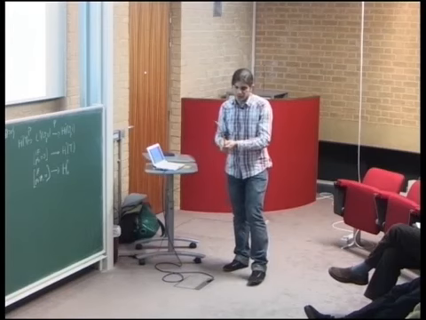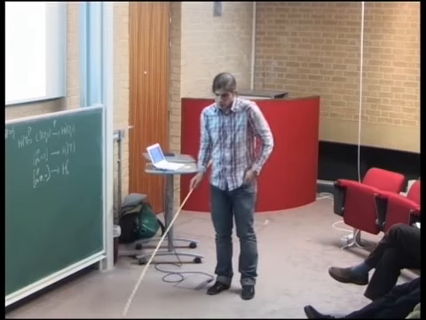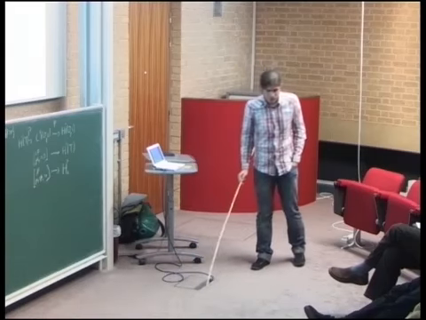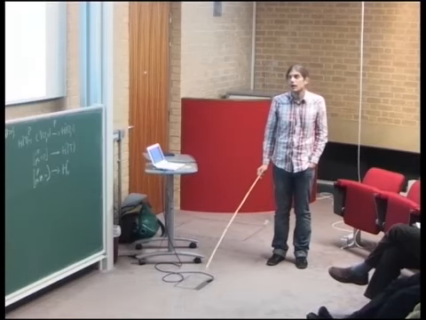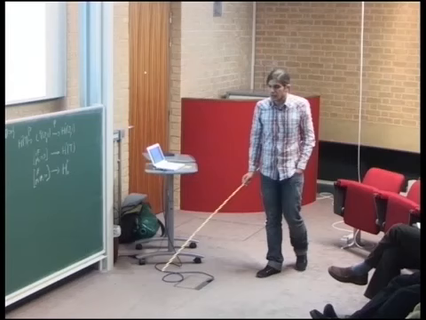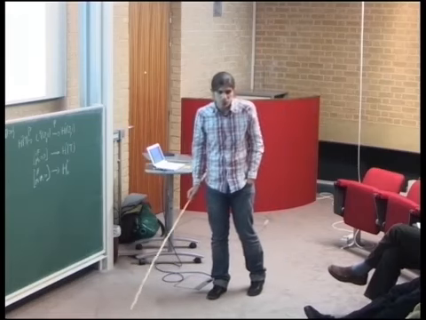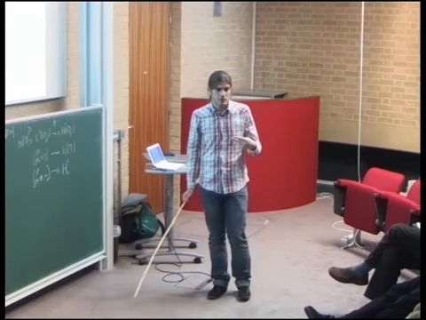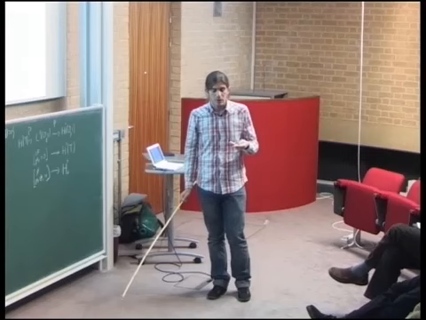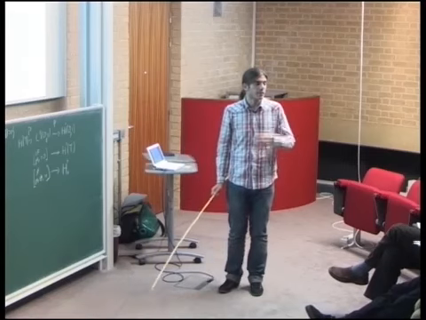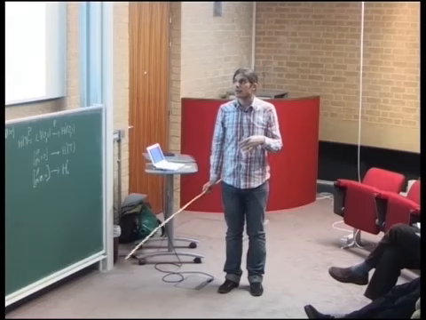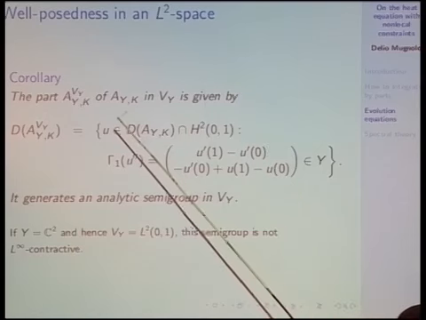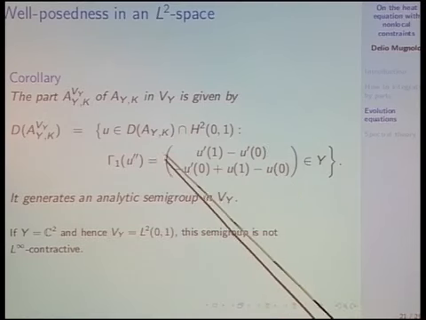So everything I've said so far is well-posed in an H-1 space, which is not something you would necessarily like to work with. It's a strange space. But another nice feature of the theory of semigroups is that you can also have, for free, generation of semigroups, and therefore well-posedness in infinitely many further spaces, in particular in L2, taking just the parts of your operators.